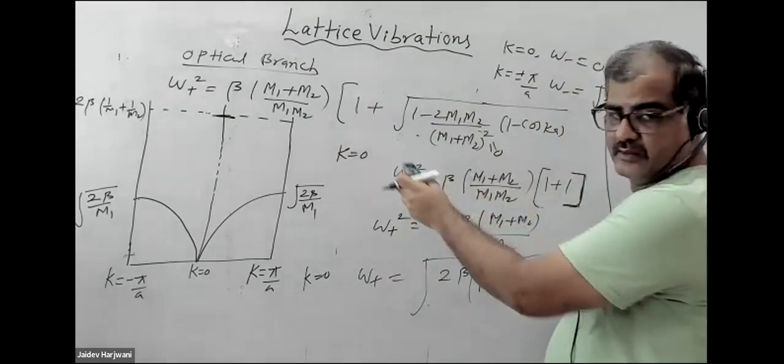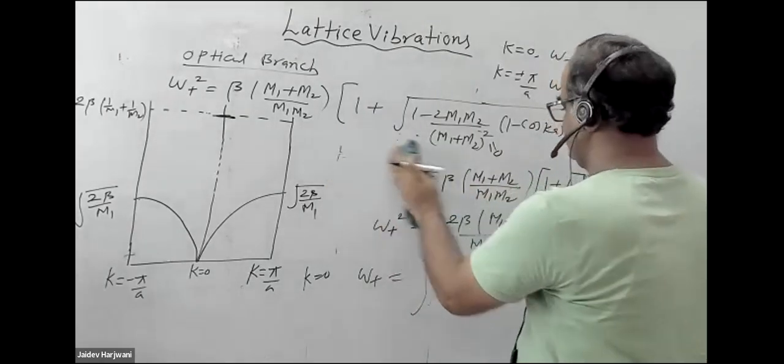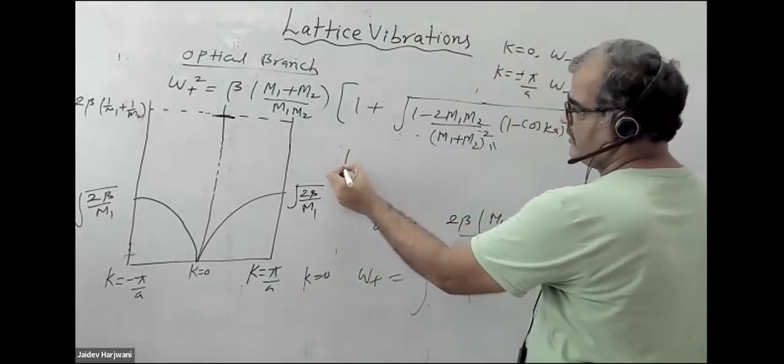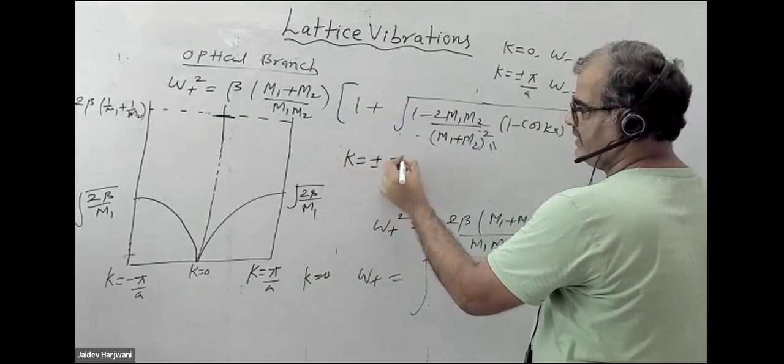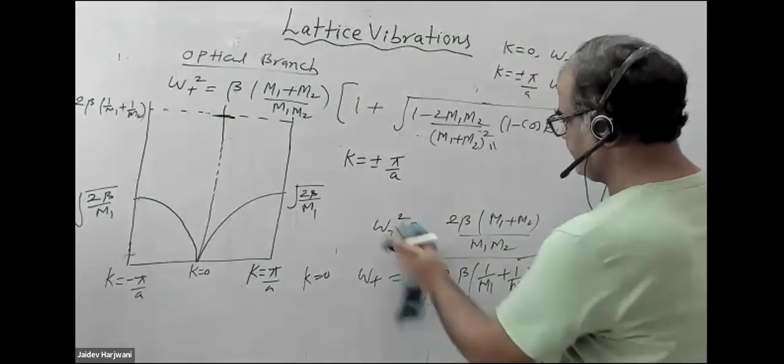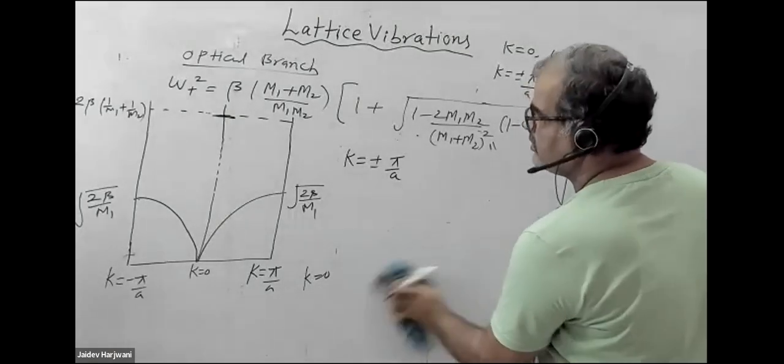So I am erasing this one. Now I have to check this at k equal to plus minus pi by a. If you solve this for k equal to plus minus pi by a, what will happen now?